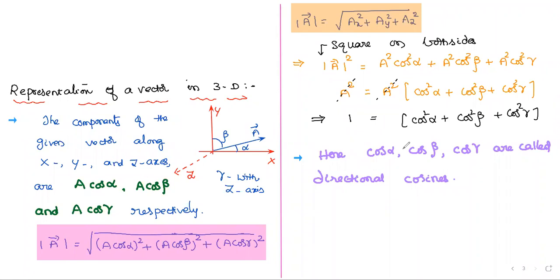Cos gamma, very good. In the same way, find the directional cosine along the y-axis. Cos beta, very good. So these are the directional cosines along x, y and z axis respectively.